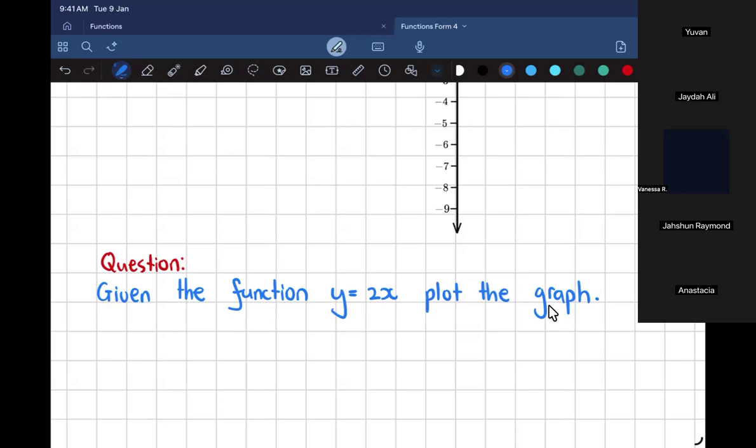Jada, if you want to draw a line, how many points do you need to draw a line? What do you think? Yvonne, if you want to draw a line, how many points do you think you would need?